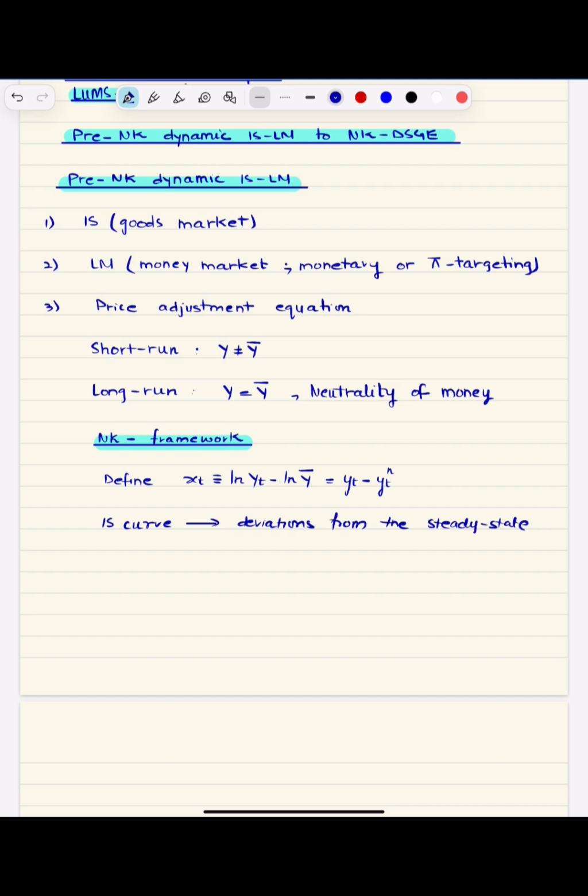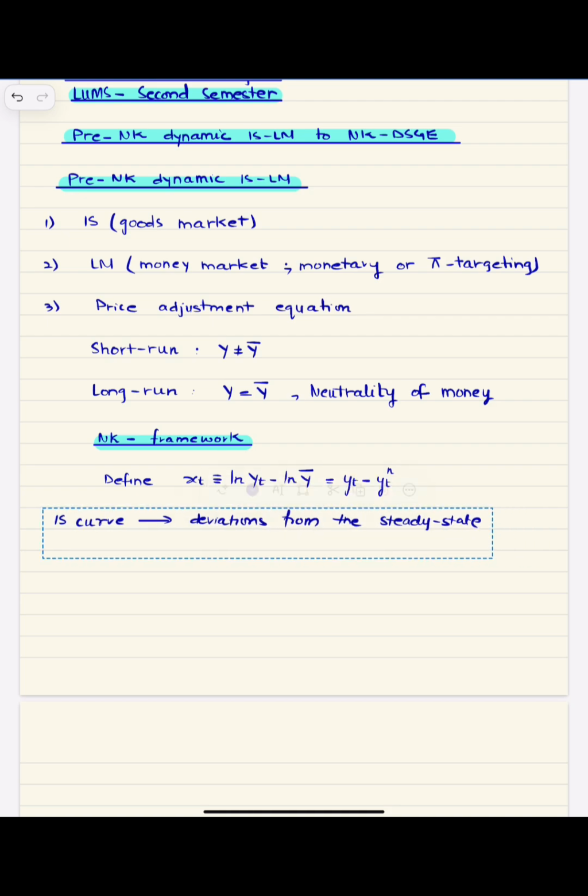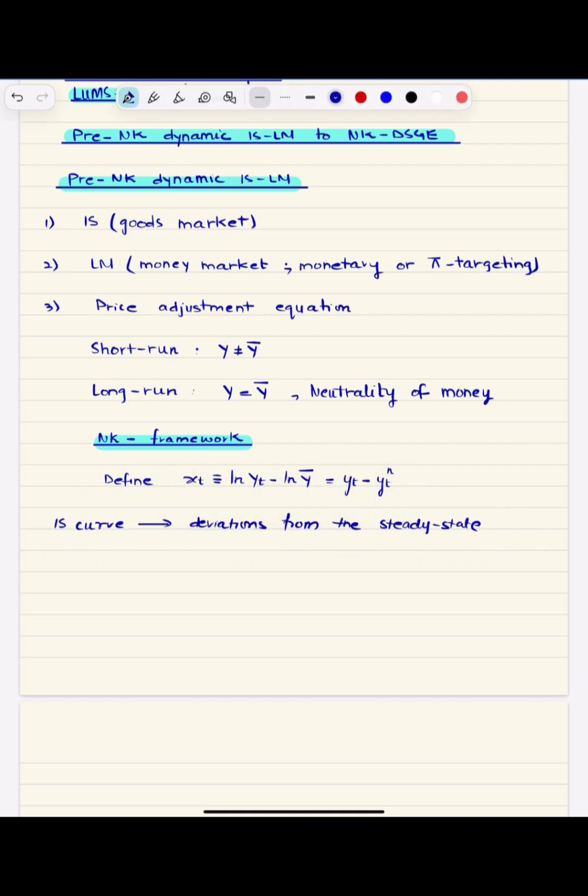And how do we derive this curve? I'm just going to call it the ISNK, or you can call it the new Keynesian IS curve. Basically, it comes from Euler's equation. A subscriber told me, I still keep on saying Euler's.